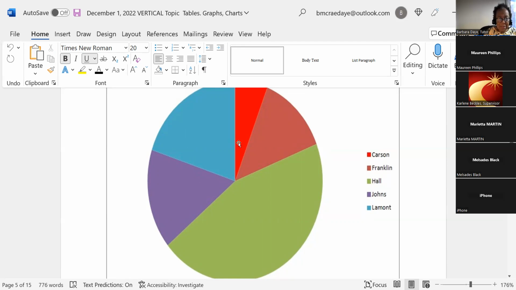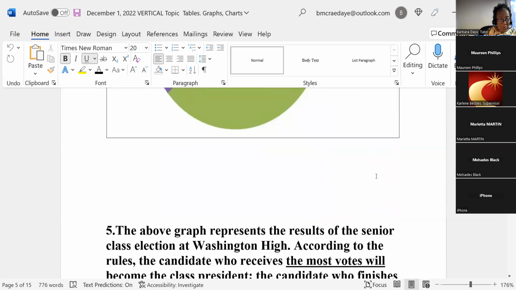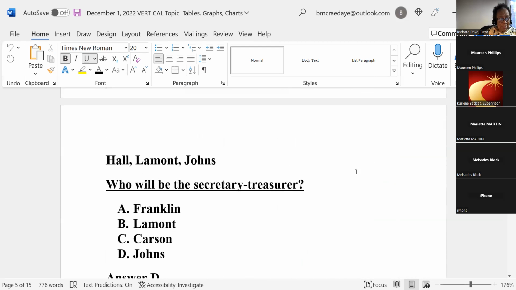Lamont, the next highest. Now, who would be the next officer, secretary treasurer? John. That's what they ask you: who will be the secretary treasurer? The one with the third number of votes. And we put it in order, 1, 2, 3. It would be John. Got it?